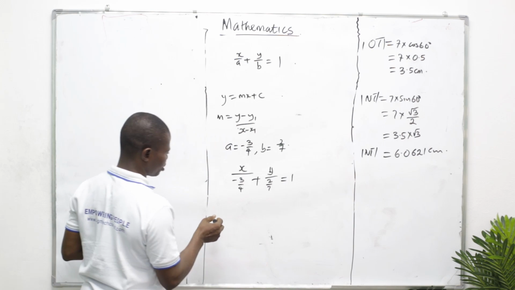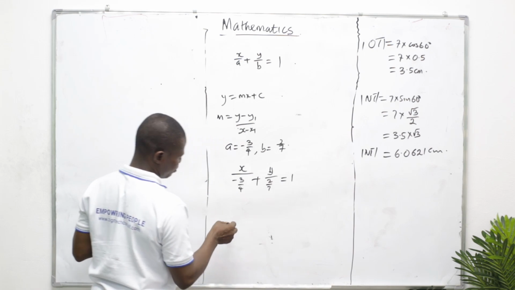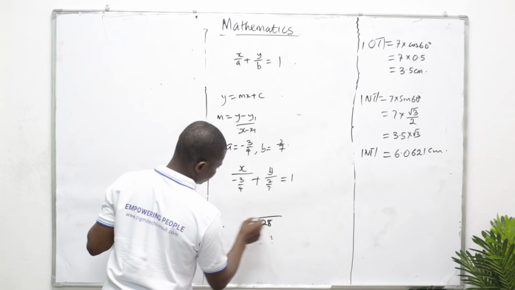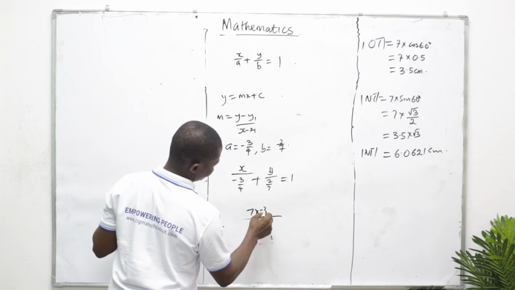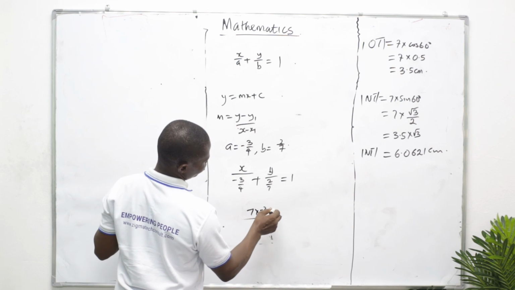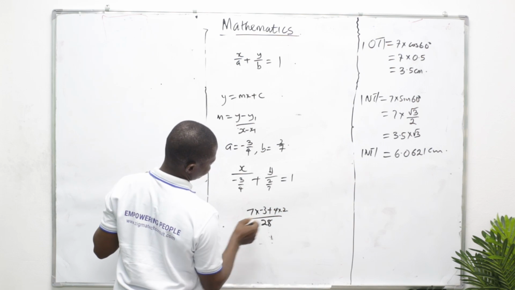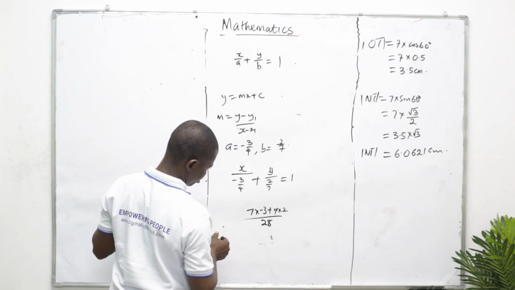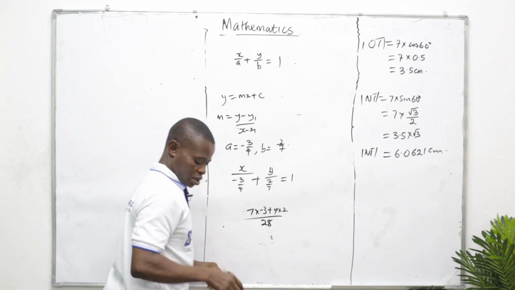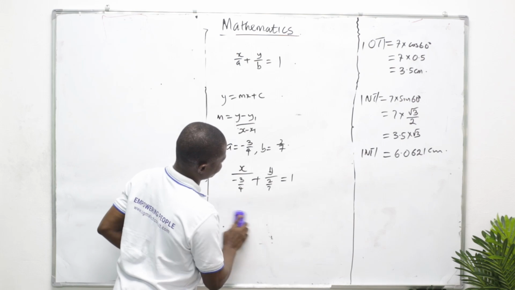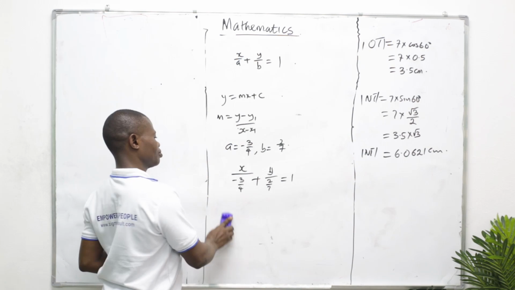So let us look at this properly. The LCM of 4 and 7 is 28. Will this work? Let's handle this properly. It's not going to serve us better this way.